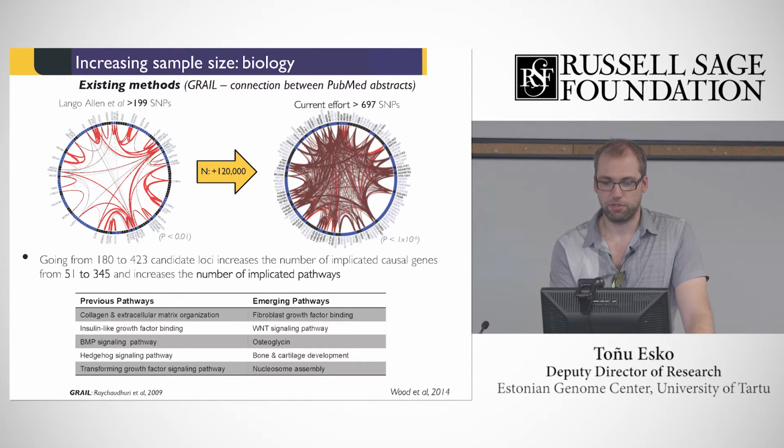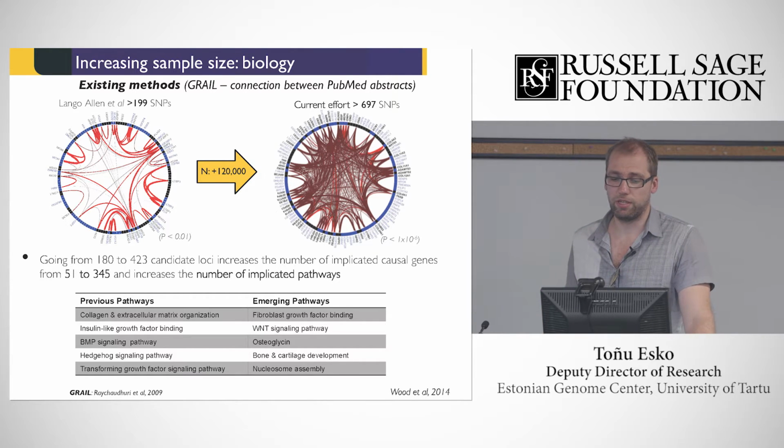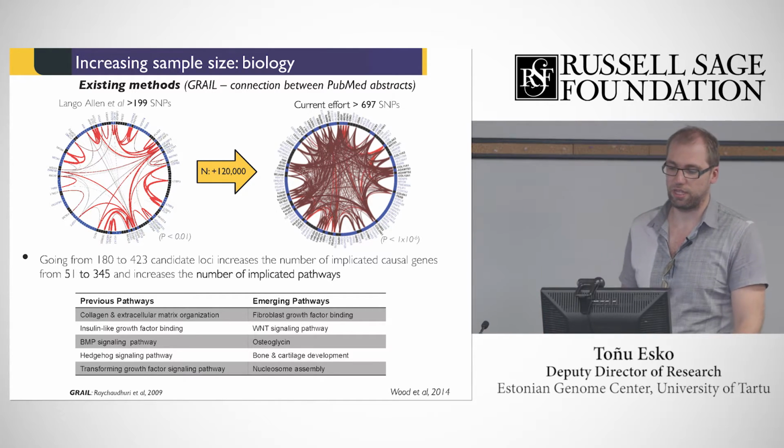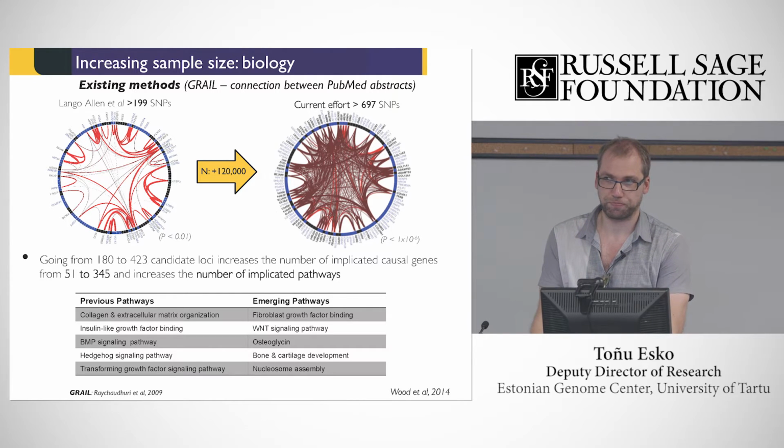And there are also pathway prioritization tools available that you can take your genes or your loci and then try to estimate what are the biological functions captured by your loci.